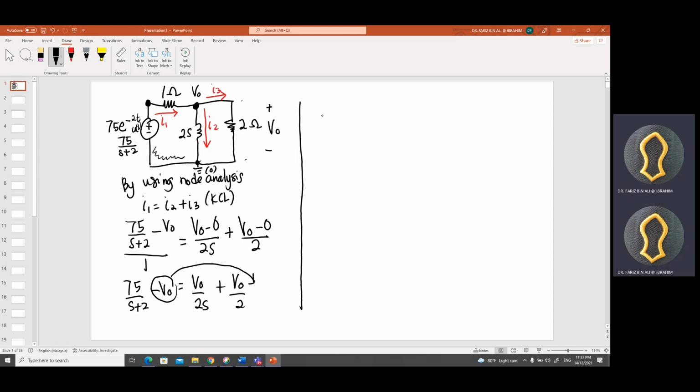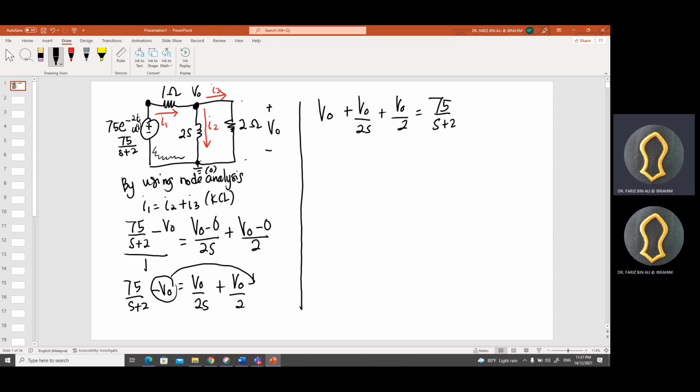So we have V naught plus V naught over 2S plus V naught over 2 equal to 75 over S plus 2.